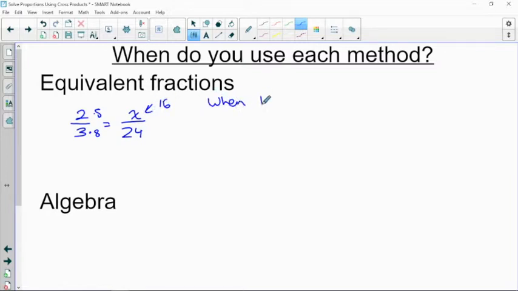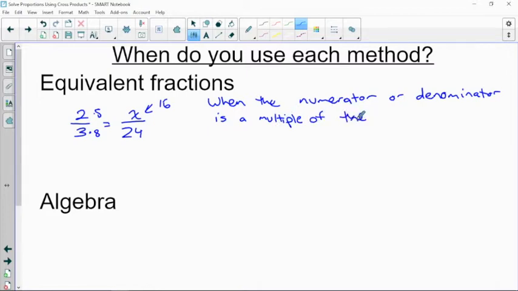It's best when the numerator or denominator is a multiple of the other fraction's numerator or denominator. So 24 is a multiple of 3. So I'm saying the same part of the other fraction.